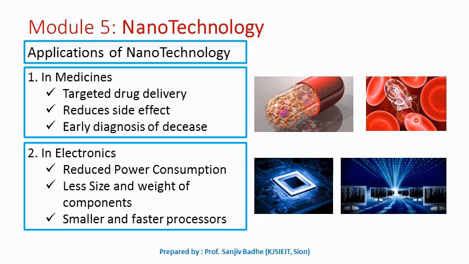Nanorobots can go to a particular place and directly deliver the drugs at that particular point. This reduces the side effects because the drug delivery is done at a particular location. The other body parts may not experience the side effects. Early diagnosis of disease can be achieved with the help of nanotechnology imaging techniques.